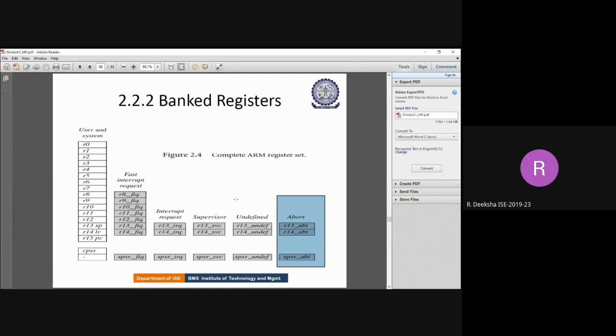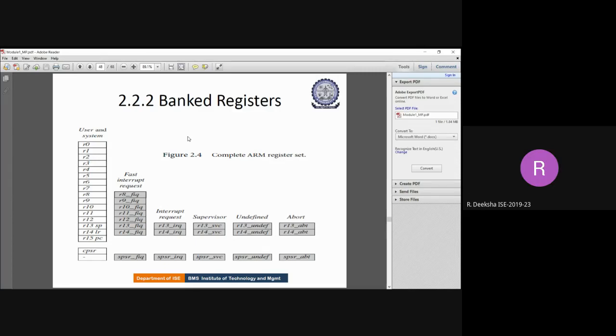No, sir. So I told you how many modes. There are 7 modes, correct? One is the user mode, so these are the registers visible. Next is fast interrupt request, so these are the registers available with respect to that. Then interrupt request, supervisor mode, undefined mode, and abort mode. How many modes are there now? 1, 2, 3, 4, 5, 6. Which one is missing?